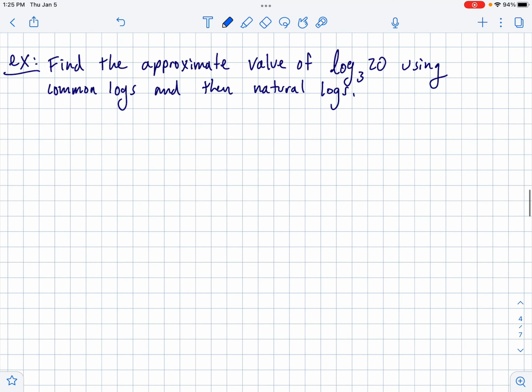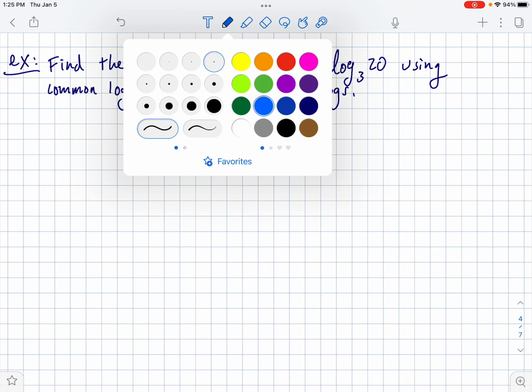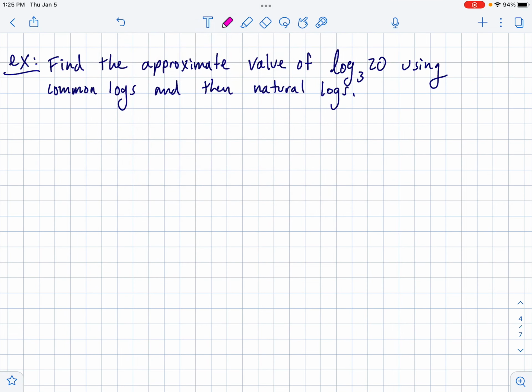An example of this: find the approximate value of log base 3 of 20 using common logs. Well, if I don't use common logs right off the bat, if we just think about spiraling, log base 3 of 20 is the same thing as 3 to the what equals 20.